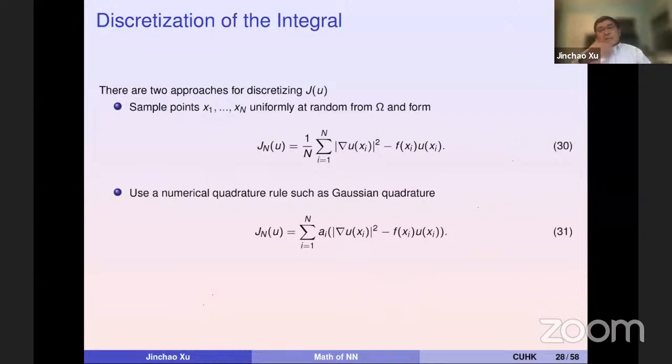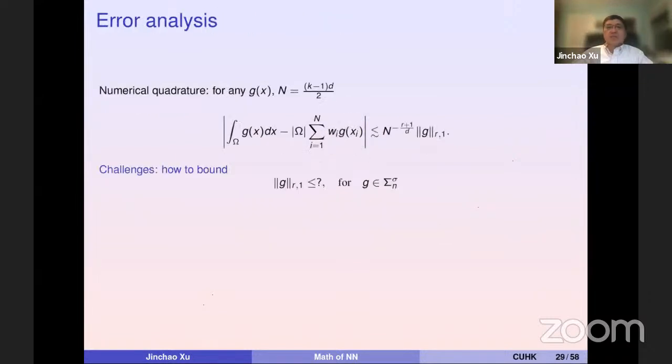You can do either random or high order Gaussian quadrature, or whatever quadrature you do. If you use a Gaussian high order polynomial, depending on whether it's accurate for a certain order polynomial, you have a certain rate of convergence.